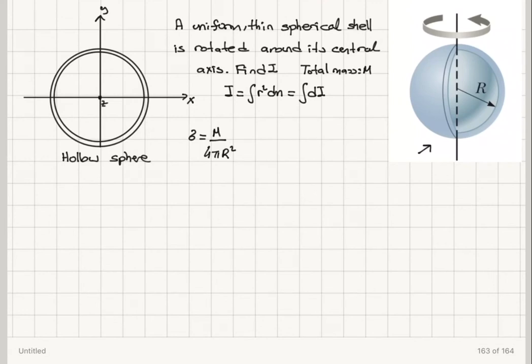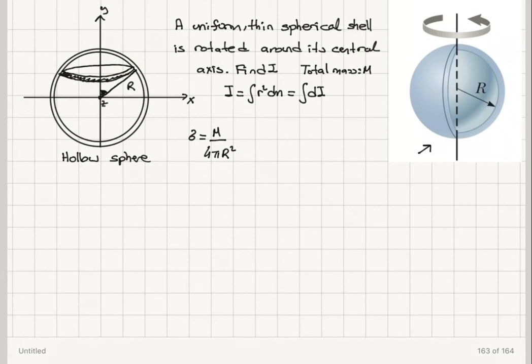Now what I'm going to do is I'm going to take a ring in order to get my infinitesimal mass here. So I'm going to take a ring. All right, so this ring does not have the radius r, it has a different radius.